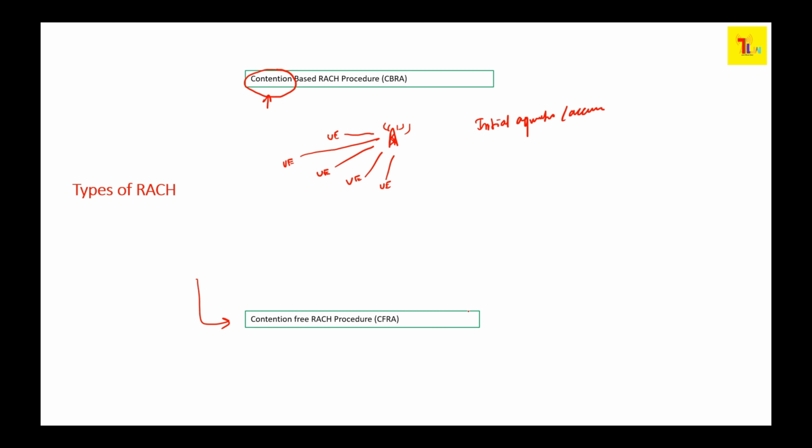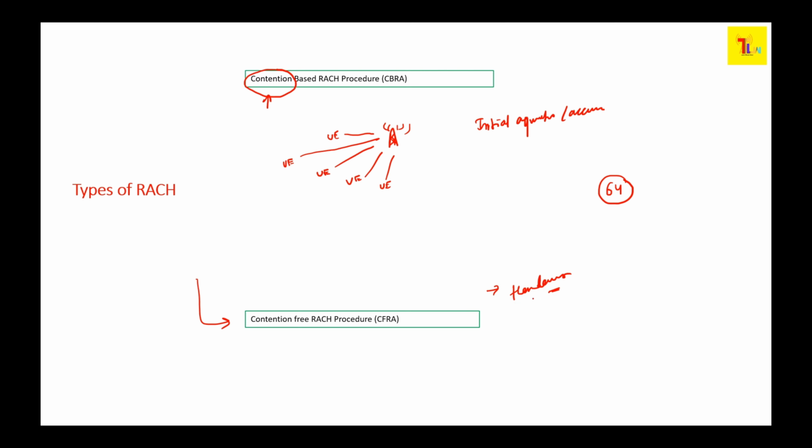If we are talking about contention free, it is at the time of handover, where our UE is already attached and it is doing the handover. At that time we can't have a situation where multiple UEs contend, where one UE is already attached and going to perform the handover, and the two UEs are going to fight. Among the 64 preambles, dedicated preambles are provided by the eNodeB for the handover purpose.